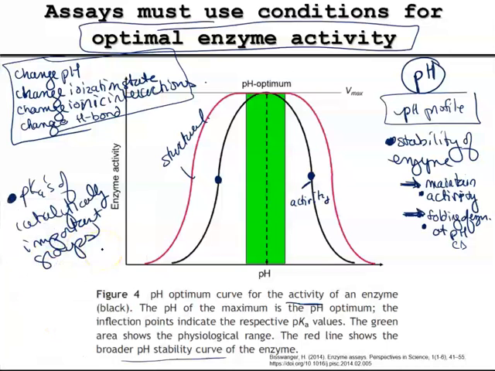To keep that protein folded properly, we have to consider also ionic strength of the assay. So basically the saltiness of the assay. And this again can mess up our ionic interactions on the protein, because we can have ions that shield different positive and negative charges on the protein and cause this structure to unravel.